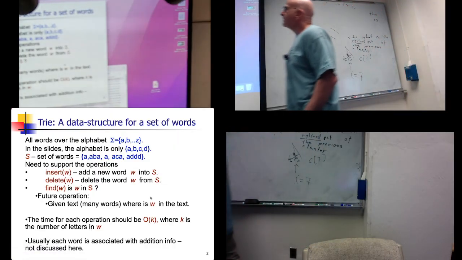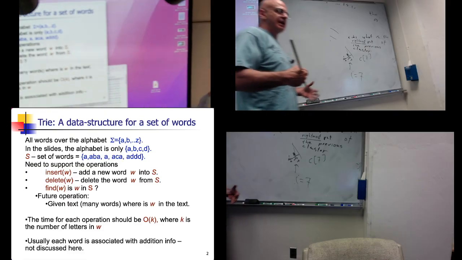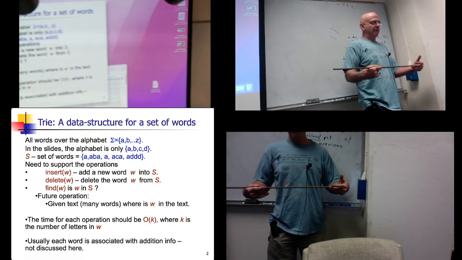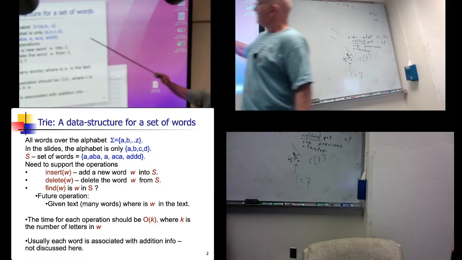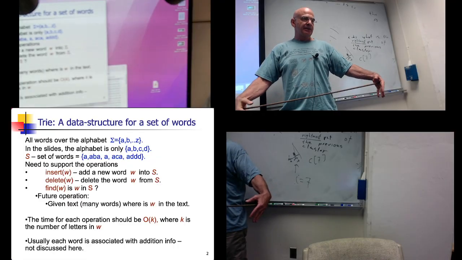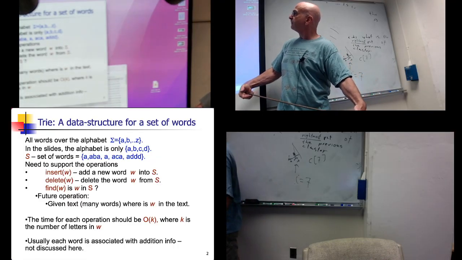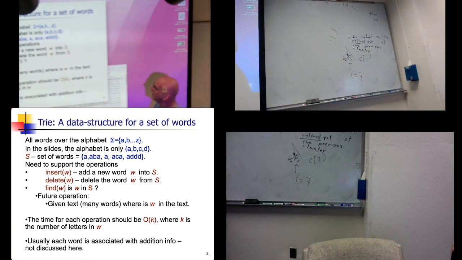So, what is a trie in this case? I need a data structure for a set of words, like words in an alphabet. Maybe I want a data structure to keep a dictionary. Or maybe these words are proteins, or DNA, and my alphabet just contains the 4 bases of DNA, or any type of alphabet at all.